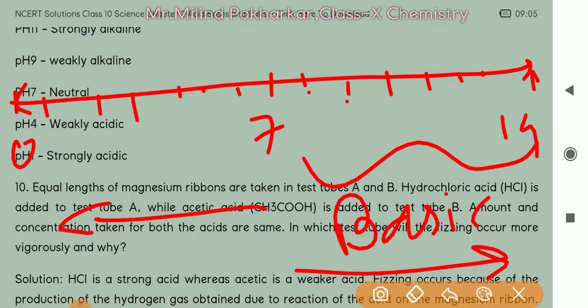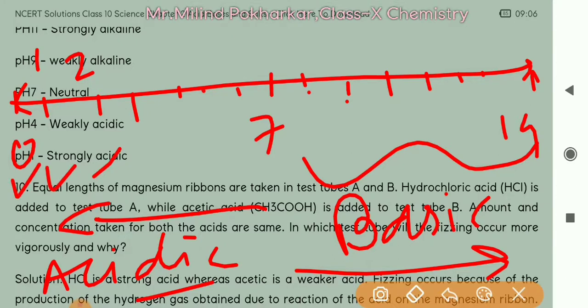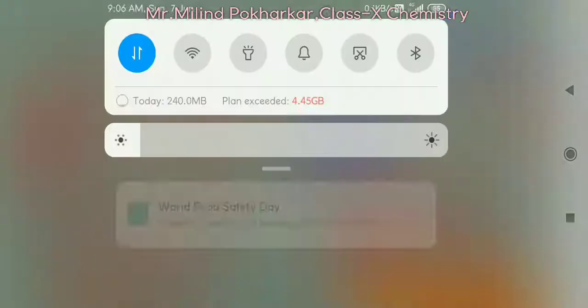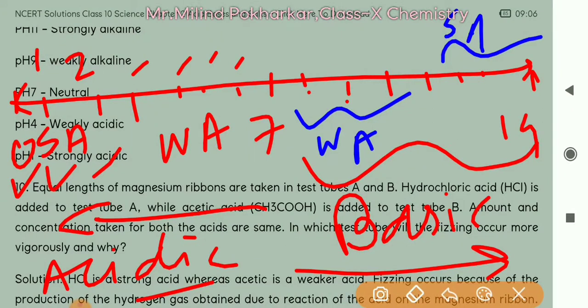As we go from 7 towards 0, acidic characteristics increase. Means 0, 1, 2 is strongly acidic, 3, 4, 5, 6 is weakly acidic. Then 7, 8, 9 are weakly alkaline, and 11 to 14 is strongly alkaline, and 7 is neutral.